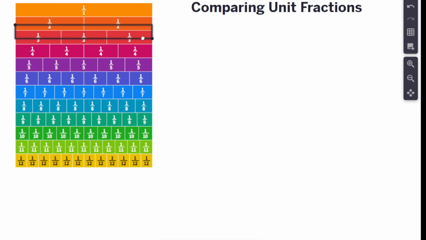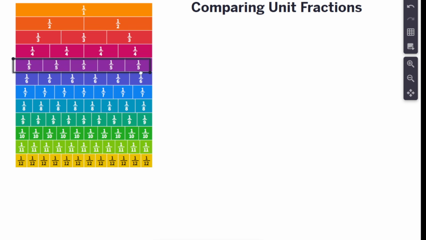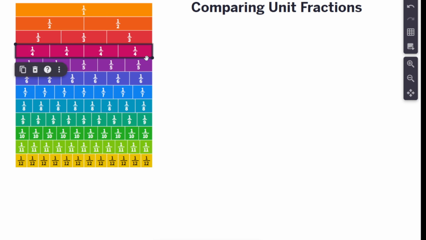Do you see that the more you cut, the smaller the pieces? And the size of each piece in each whole is actually determined by the number of pieces it is cut into, which is also the same as the denominator.